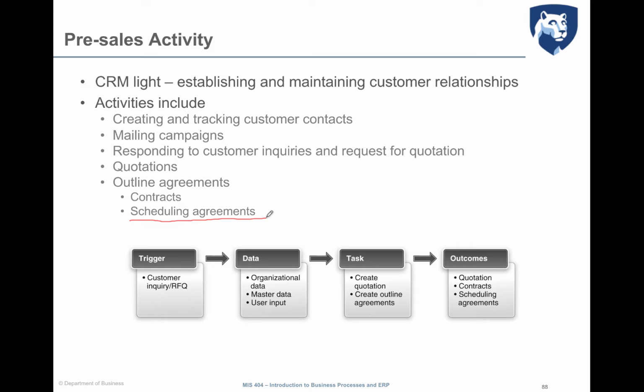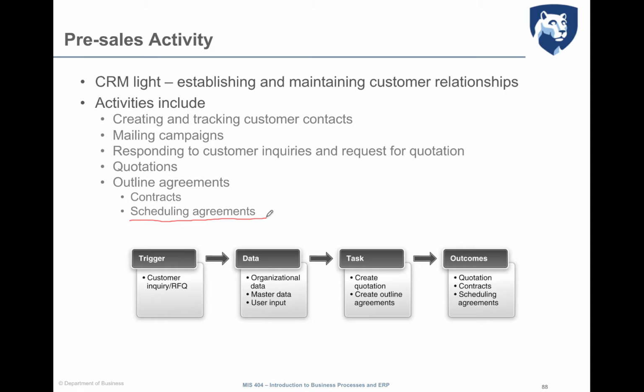Because on one side, a quotation is a binding agreement made by the seller. So when a quotation is in place, the supplier commits to satisfy the customer request upon the conditions that are stated in the quotation.